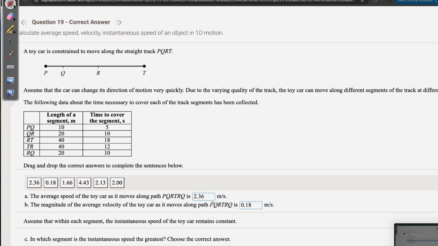Again, velocity is equal to displacement over time. The time we found in the first question, it's 5 plus 10 plus 18 plus 12 plus 10. And then we need the displacement, which is basically just PQ. And PQ is 10. That's it.